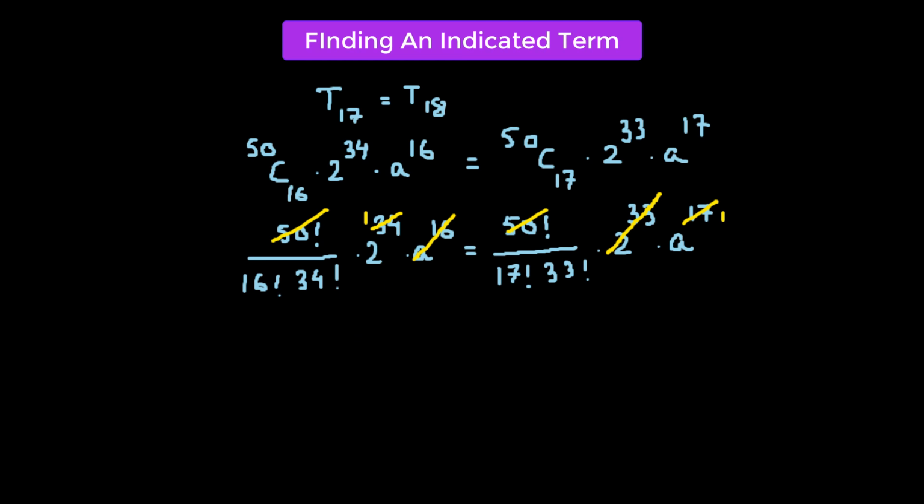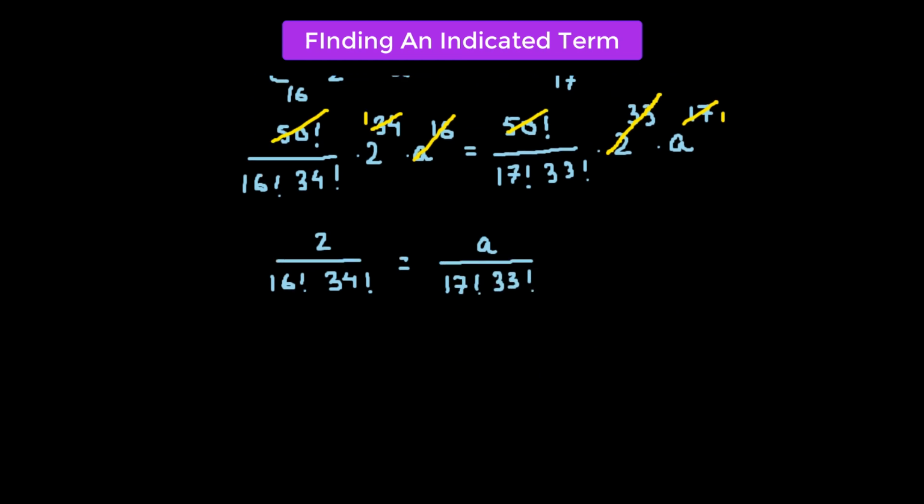Okay, let's write down the simplified values. So we have 2 divided by 16 factorial times 34 factorial equals a divided by 17 factorial times 33 factorial.